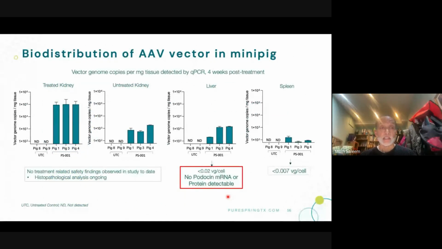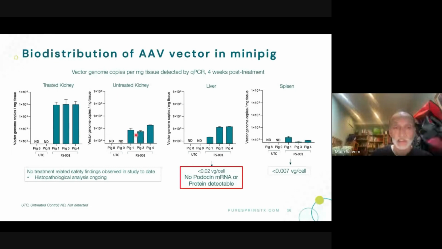And then looking at the biodistribution in other organs. So this is a treated kidney, and this is now looking at the vector genomes. So this is just looking at the virus, how much virus has got into each of these organs. This is the treated kidney. This is the untreated kidney. So obviously, when you directly inject into one kidney, the other kidney is left alone.